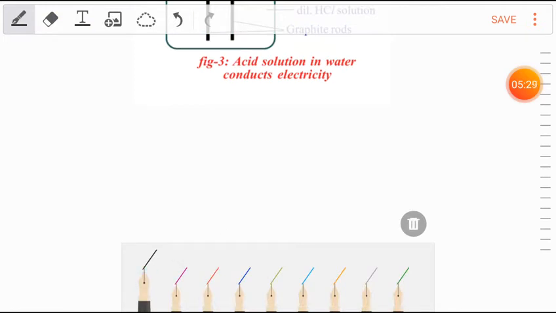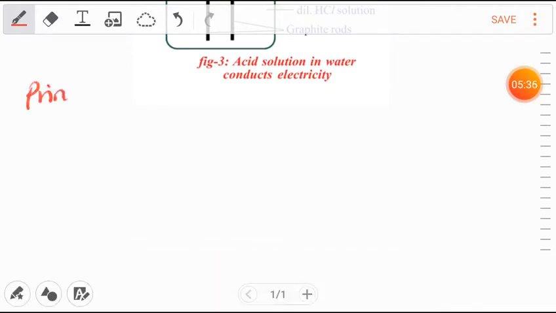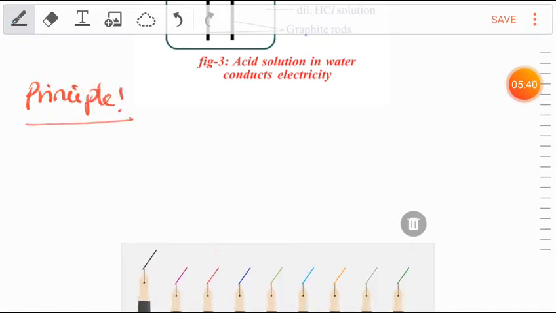So simply we're going to write this experiment. First we're going to write the principle of this experiment. What is the principle of this experiment?